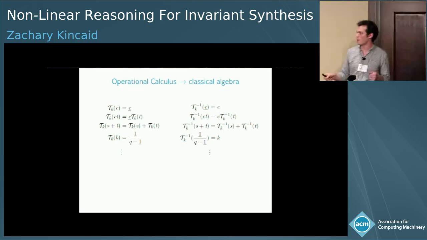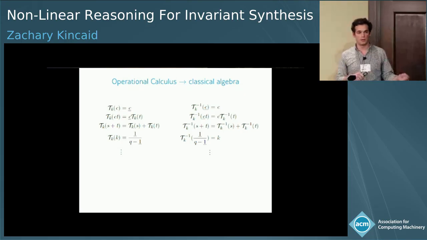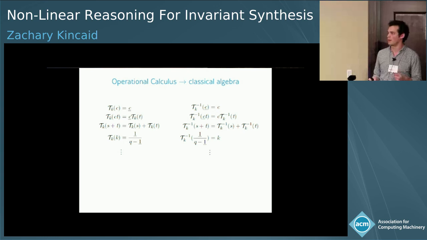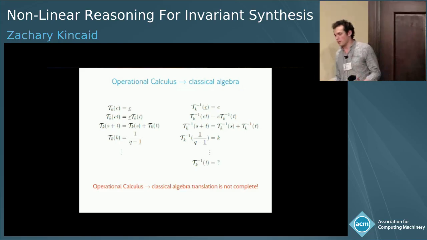And to translate back from operational calculus into classical algebra, we're really just applying the inverse of the transformation we applied to get into operational calculus. Right, so we're really just pattern matching on these operational calculus terms and translating them to their equivalents. The problem with this is that the pattern matching is incomplete. There are operational calculus terms that don't have any corresponding classical algebra interpretation.